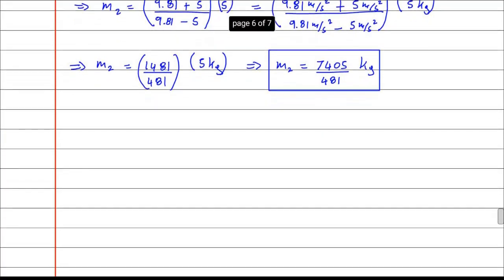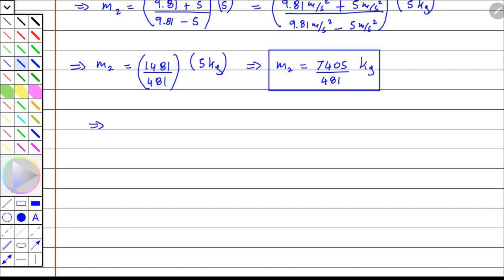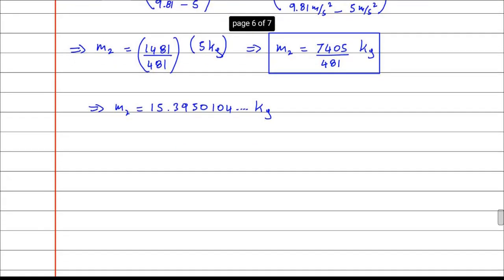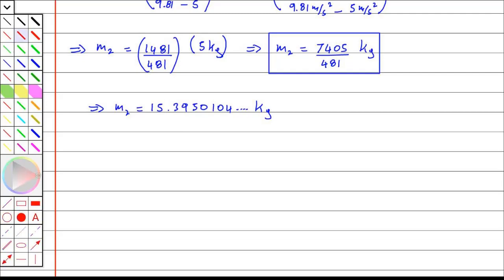So if we want to see it as a decimal number, M2 is equal to 15.3950104 and so on kilograms. So this is a large number of decimal digits, but we only need the 3 most significant figures for the reason that G is given in 3 significant figures. So let's round this up. We start from the left and going to the right. So this is the first significant, the second, the third.